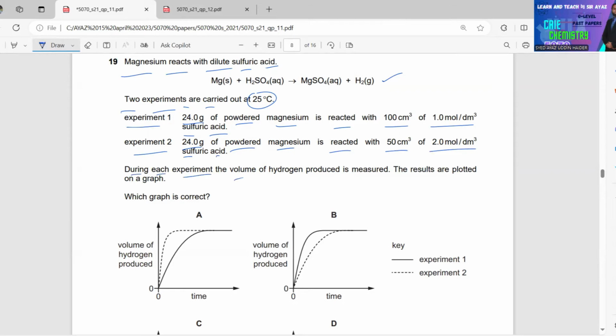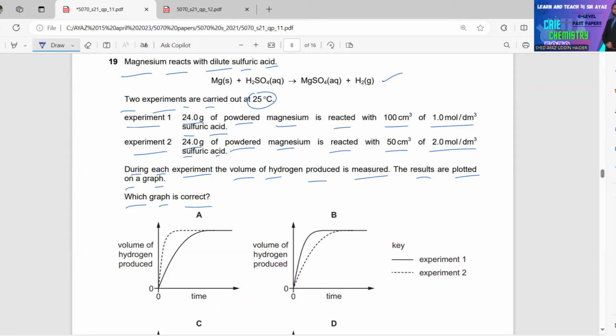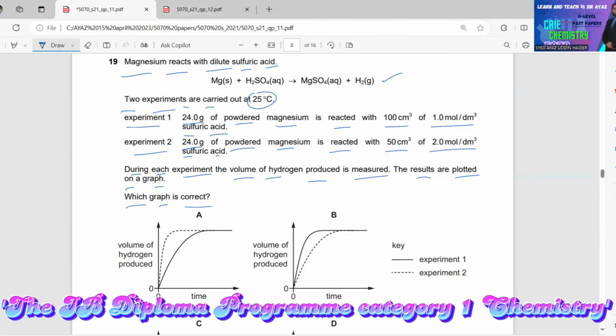During each experiment, the volume of hydrogen produced is measured. The results are plotted on a graph. Which graph is correct? Now, if you look at the information provided in this question, in both the experiments, magnesium is provided in the form of powder, and the mass used is also same.